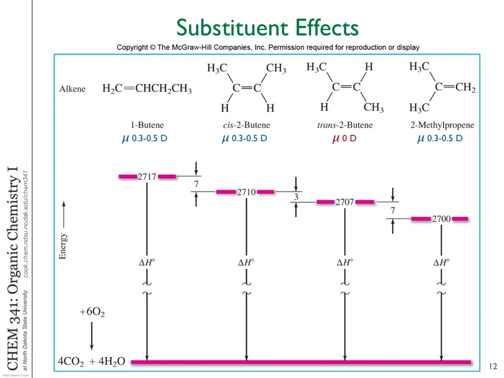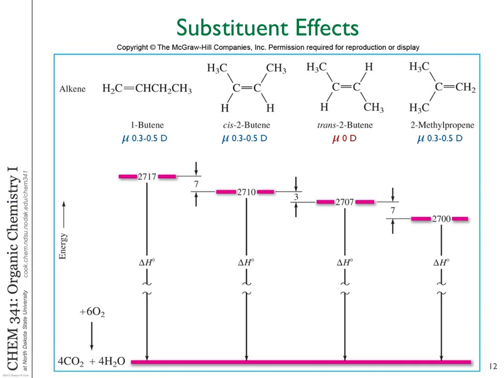And if they're just constitutional isomers or even stereoisomers, the energy differences are related in how much energy we get out when we burn it all. Okay, that tells us something about how the way things are connected or oriented in 3 dimensions affects the overall energy of the molecule. So the more energy you get out, it means the molecule was less stable or higher in energy. And you see some interesting trends here.